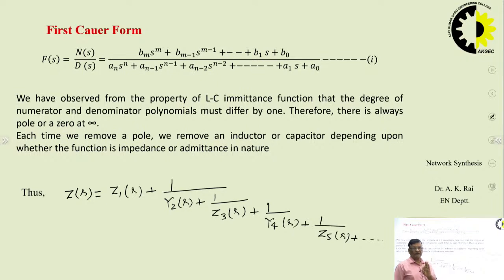Before carrying out the continued fraction expansion, arrange the polynomial in descending order, and then go for the division. So we get Z1, Y2, Z3, Y4 and Z4.